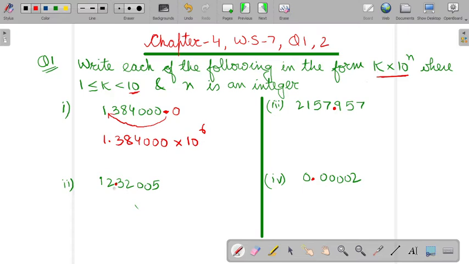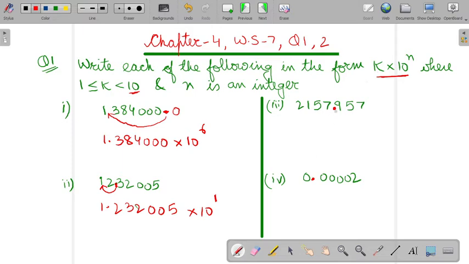Now let's see the second part. We will try to understand this. The decimal is here, and we have to shift it after one digit. So again we are moving towards the left side. How many digits are we moving? Only one digit. So we will write 10 raised to power 1.